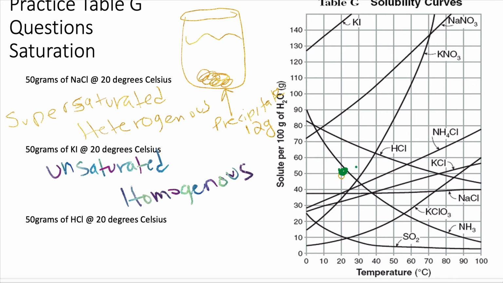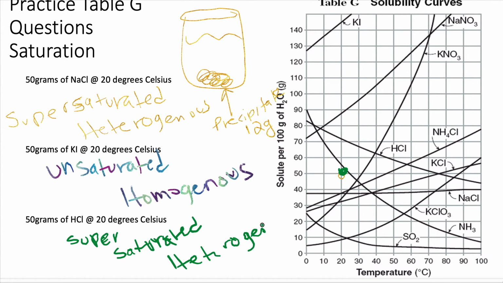So this dot is above HCl, so that will make it supersaturated. And it's going to be heterogeneous. I hope that makes sense.